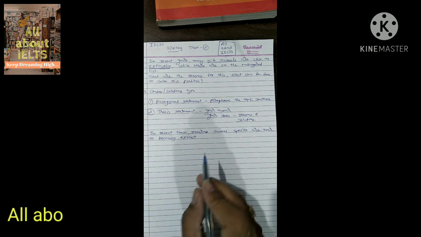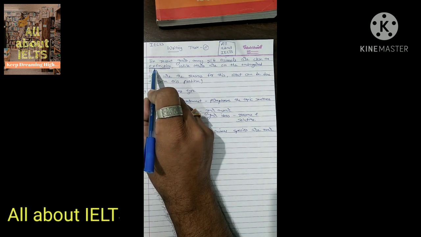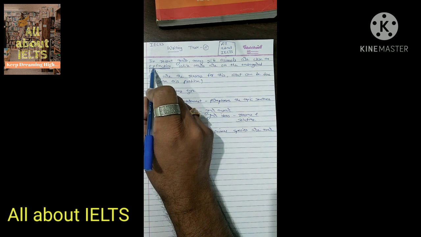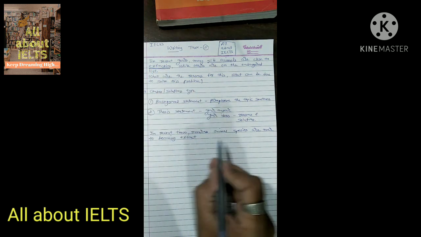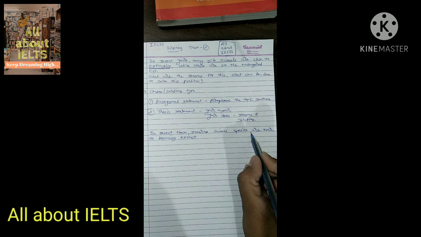Now this is very good for IELTS. You can see the word extinction, which is a noun here, and we have changed the form of the word here.